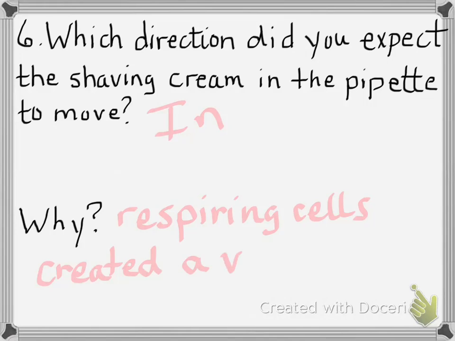And the reason we expected it to move in is that the respiring cells created a vacuum. And if you don't like vacuum, which I think is spelled this way, is that how you spell vacuum? You could use the word suction, if you like that better. That makes more sense to you. So then that begs the question, why did they create a suction?